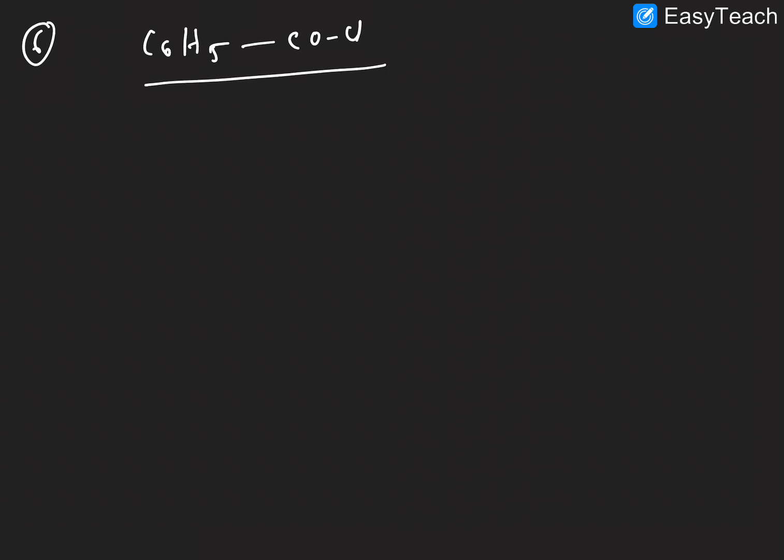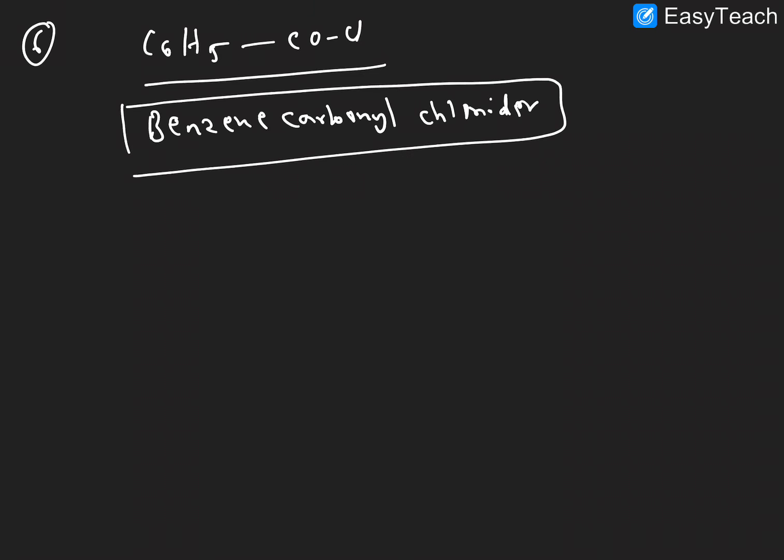So this is benzene, benzo, generally we can call it oyl halide, that is, carbonyl chloride. So this is the name of this compound: carbonyl chloride.